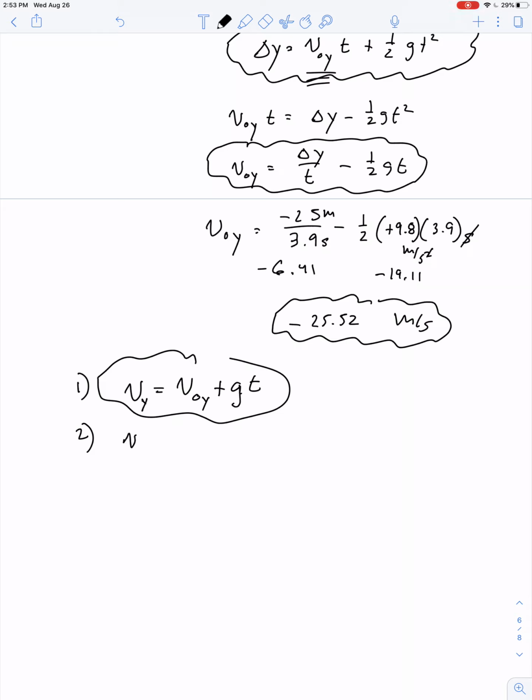So the final vertical velocity is equal to negative 25.52 meters per second, plus 9.8 meters per second squared times 3.9 seconds. Okay.